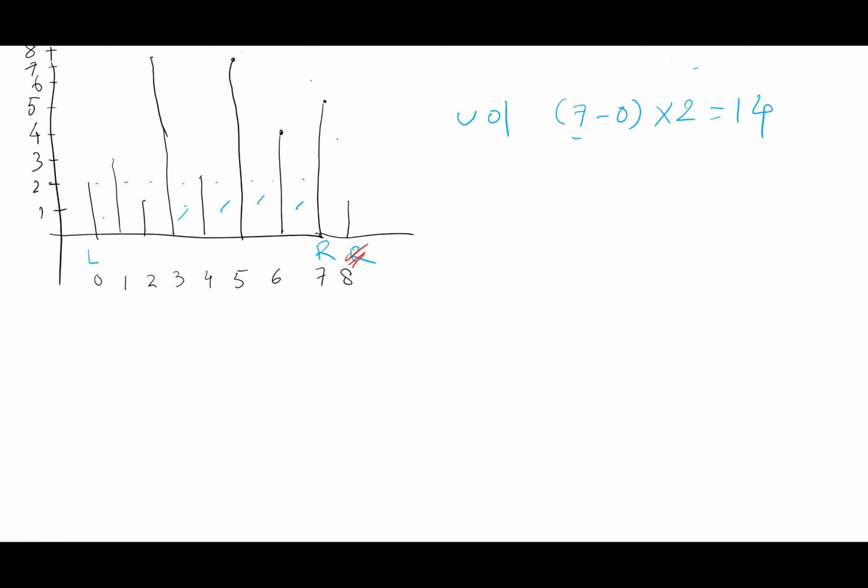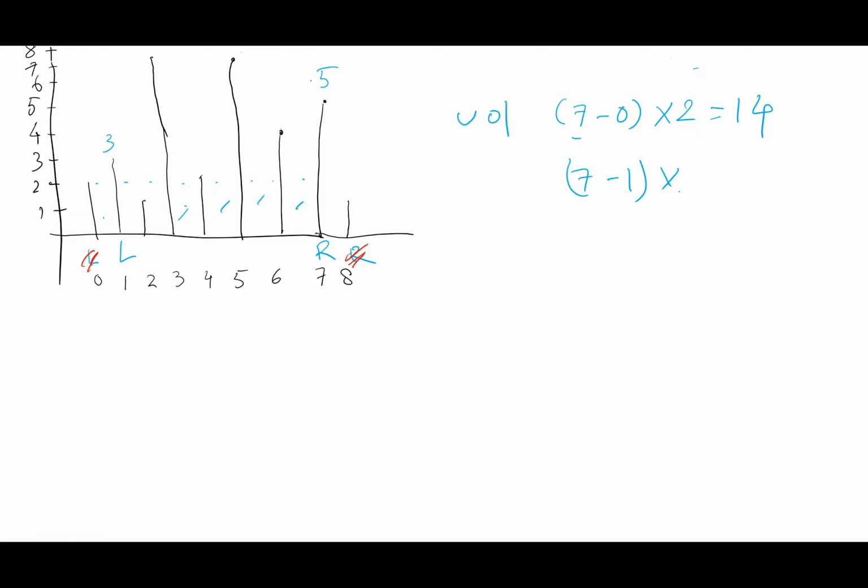Right has a height of 5, left has a height of 2. So we are going to move the left to the next, and this time the volume is going to be 7 minus 1, that is the distance on the x-axis, and the wall heights, this one is 3 and this is 5, right?